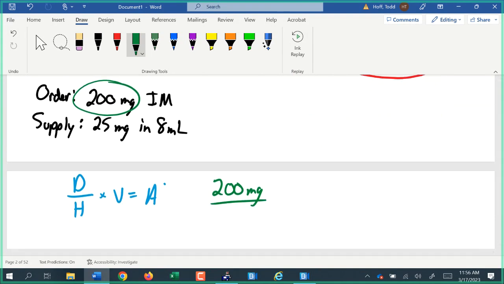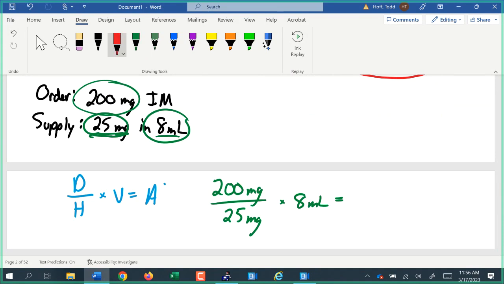Now the on-hand dose has to have the same units as the doctor's orders. So 25 milligrams is the same unit. That's our on-hand dose. And again, the vehicle is what carries that on-hand dose into the patient. Well, that 25 milligrams is in 8 milliliters. So 8 milliliters becomes our vehicle.